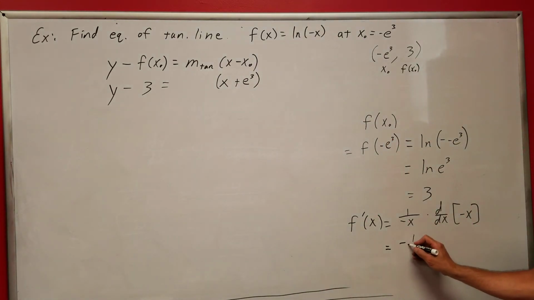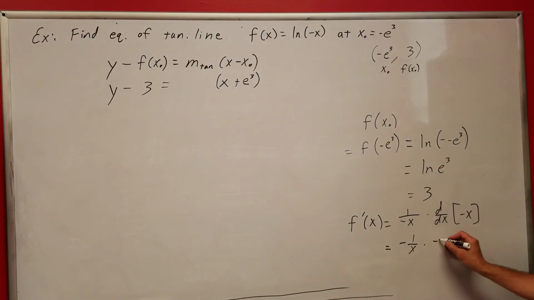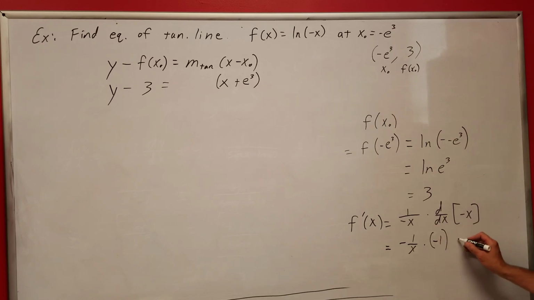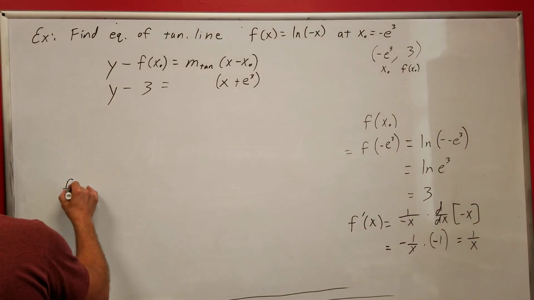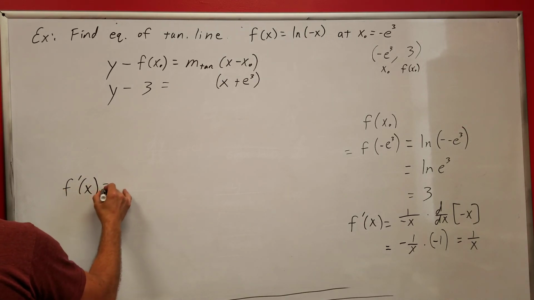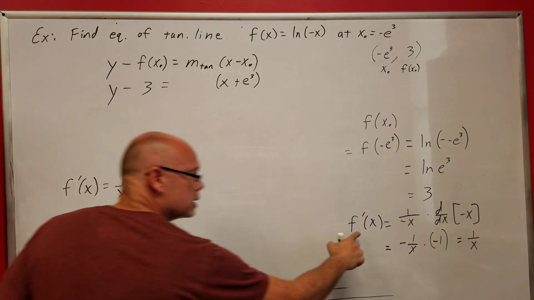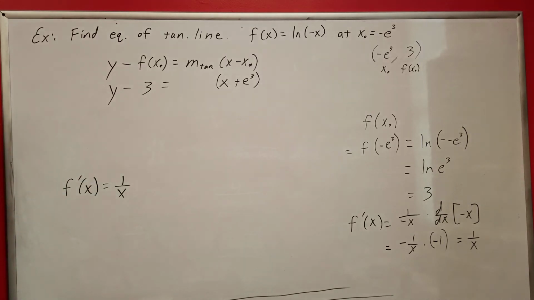So that's negative 1 over x times negative 1. Or I could say 1 over x. So what are we saying? F prime of x is 1 over x, right? We're really saying f prime of x is equal to 1 over x.